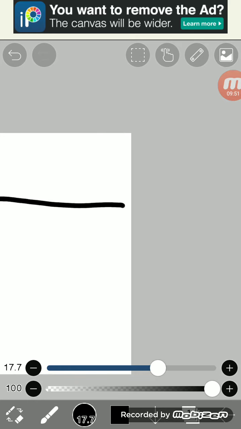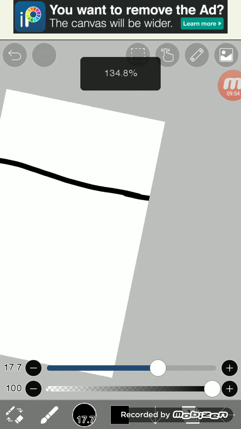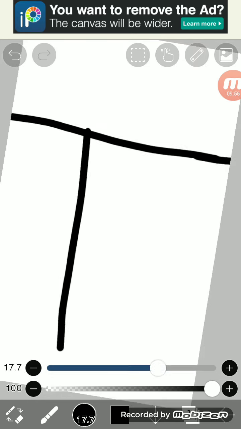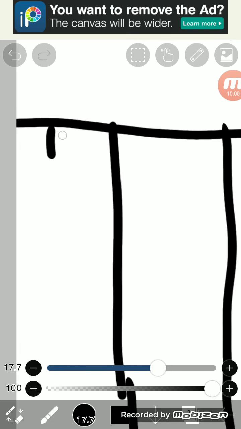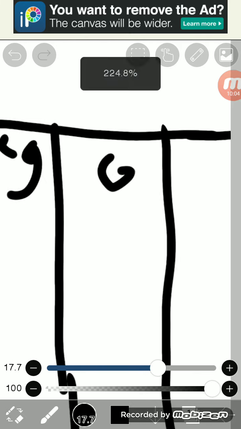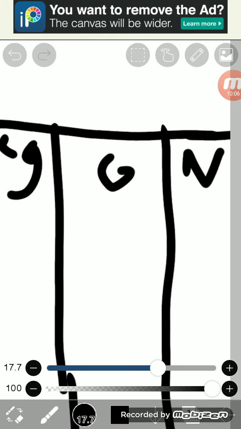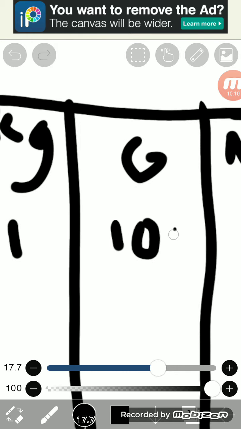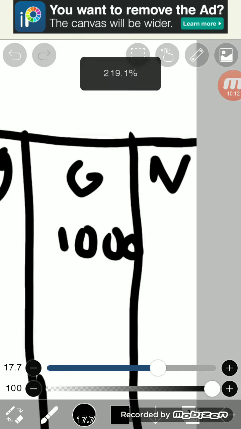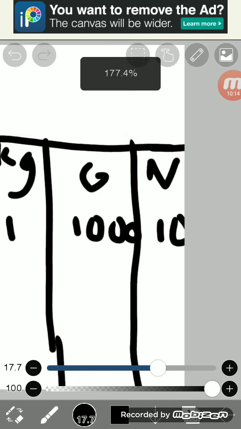Here's a list. This is kg, this is grams, and this is Newton. So 1 kilogram equals 1,000 grams, and then the Newton would be 10.